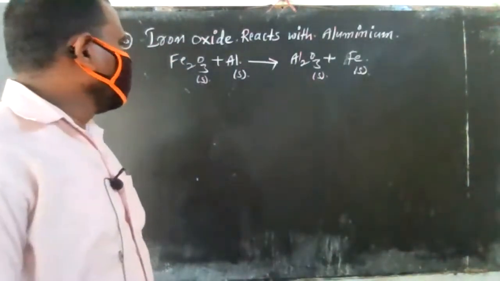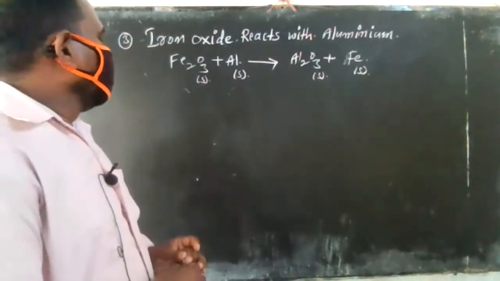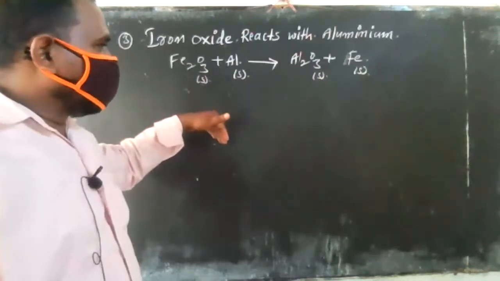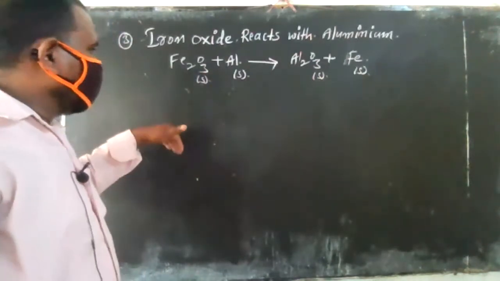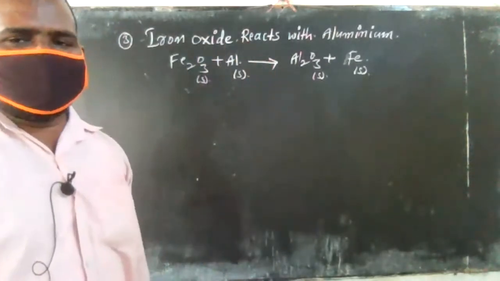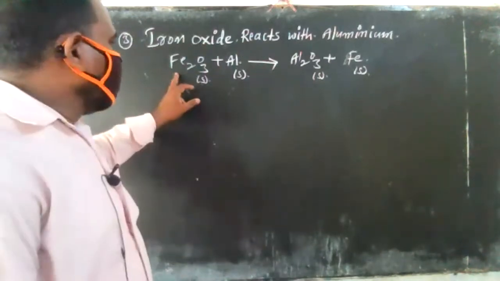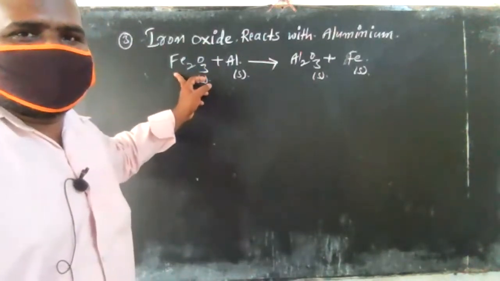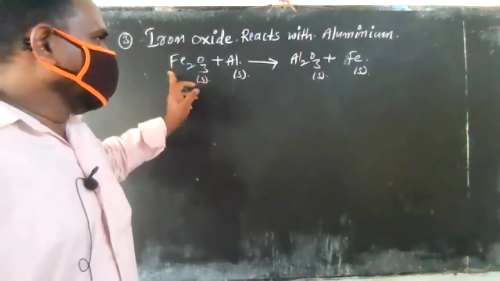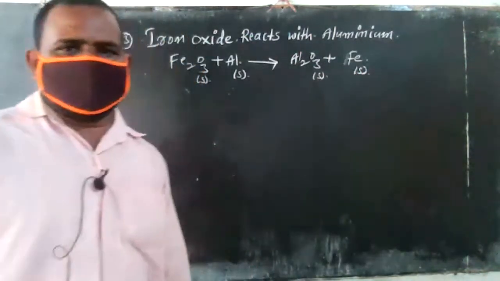Why? Because we look at how many atoms of the same element participated in the chemical reaction, and an equal number of atoms of the same element must form. That is the balanced equation. Here, 2 iron atoms participate and the same 2 iron atoms form, so that is balanced.